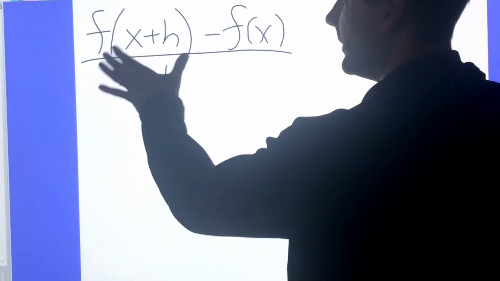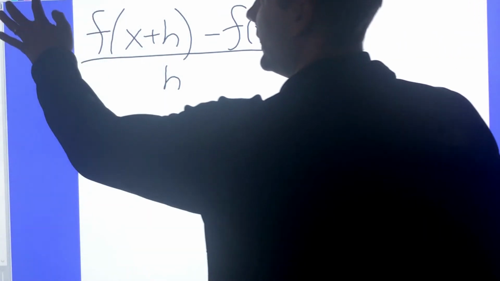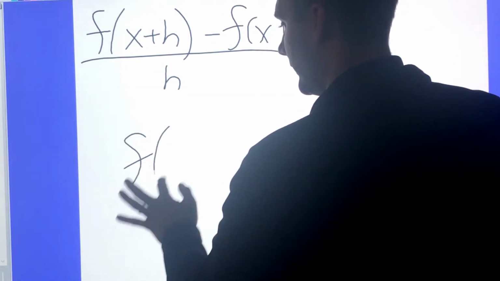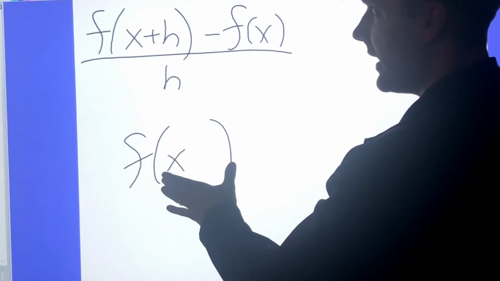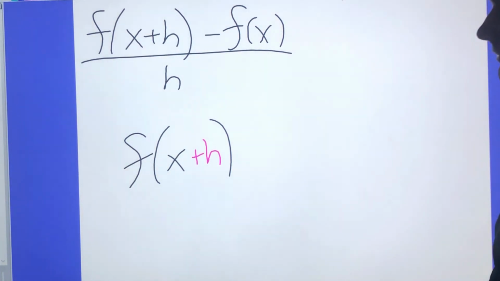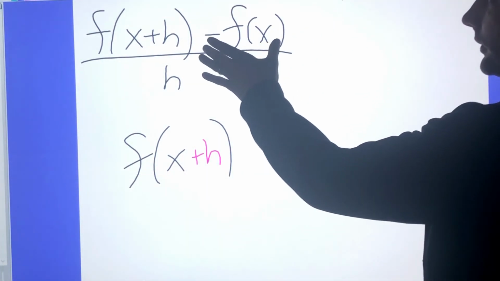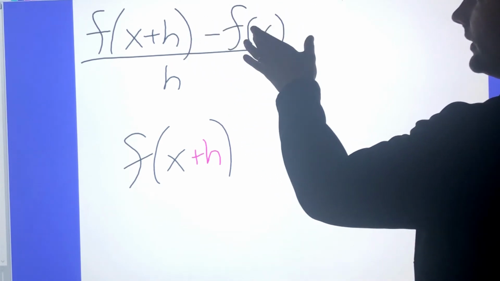So what does this part mean? f of x plus h. That means you're going to take your regular function, f of x, and wherever you have the x, don't just put x, but have it be x plus h. And what does this part mean? Well, this is kind of deceiving. You're not just going to slap a minus in between the function.